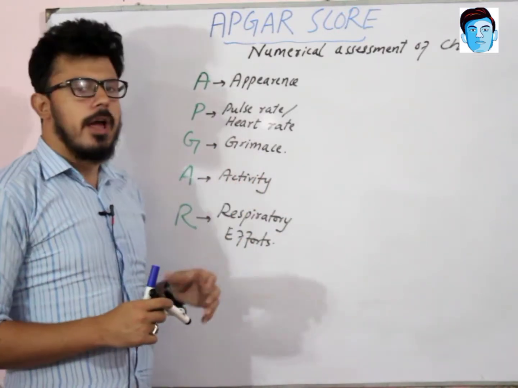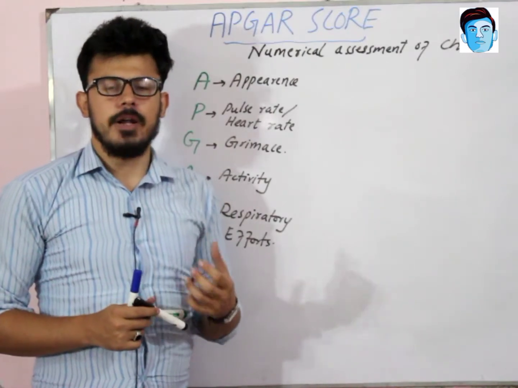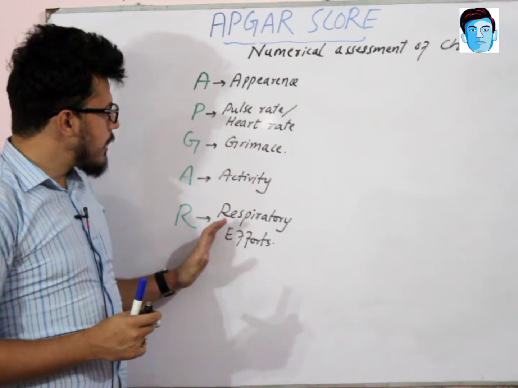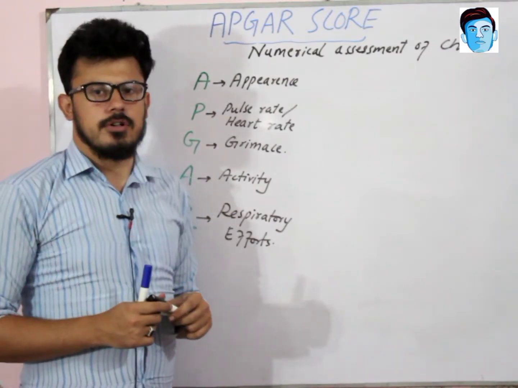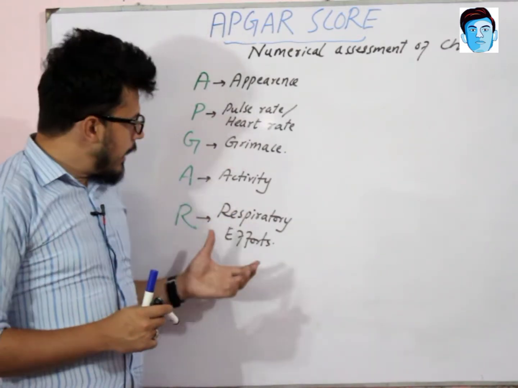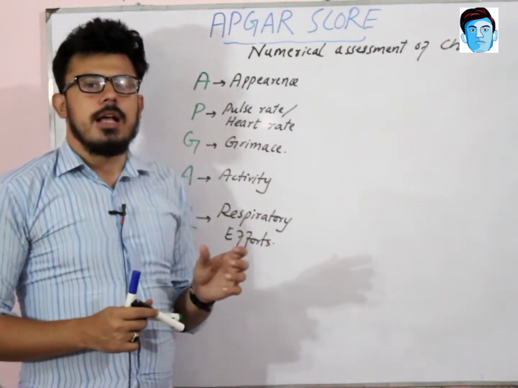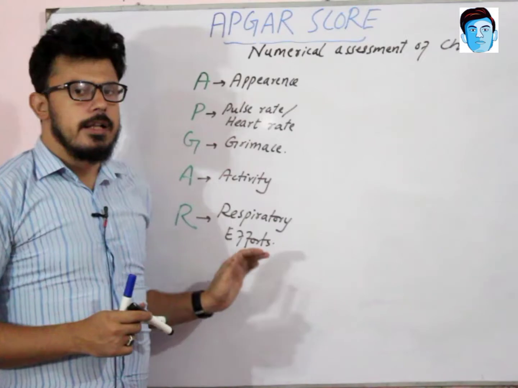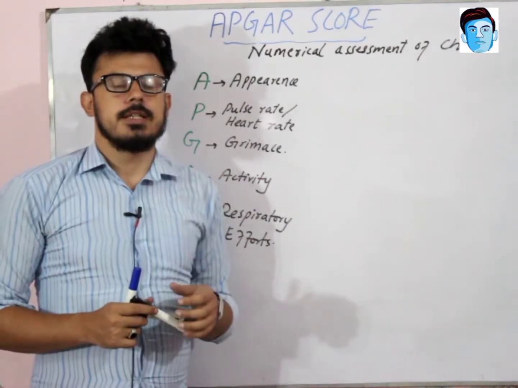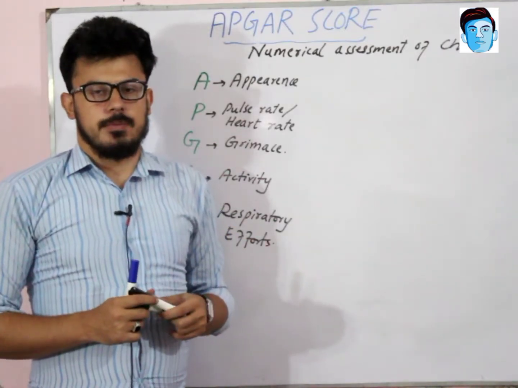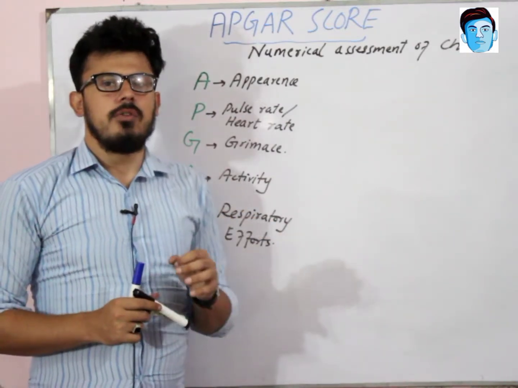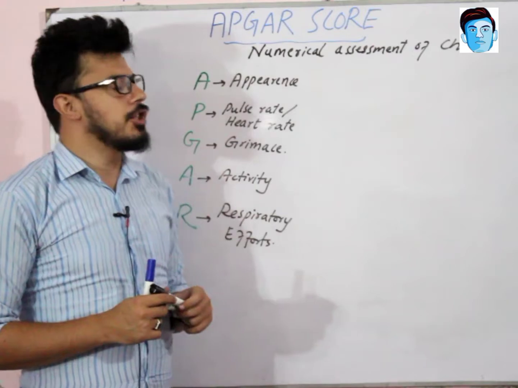Also A stands for activity, activity means the body movement or the tone of the child, while R is for respiratory efforts. And it is very important that in the respiratory efforts we will be assessing the rhythm, but we are not going to assess the rate of respiratory efforts.